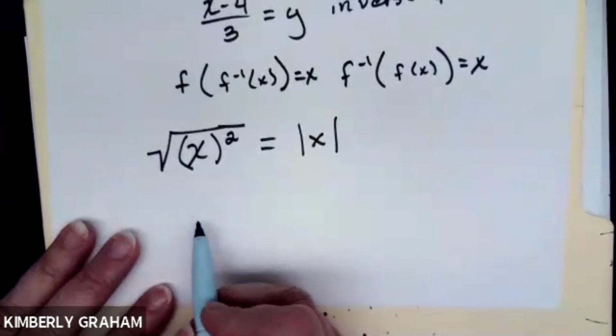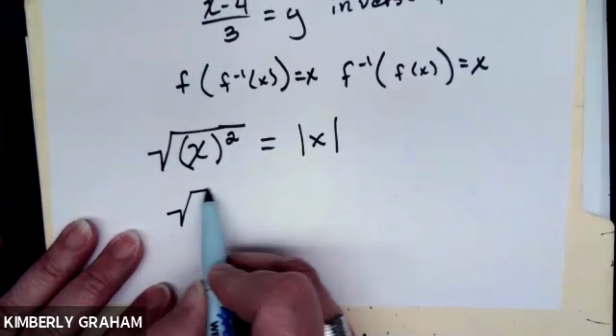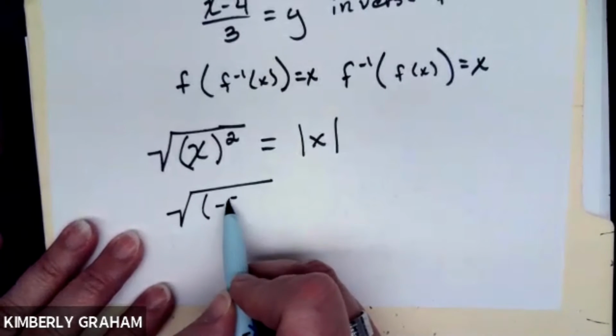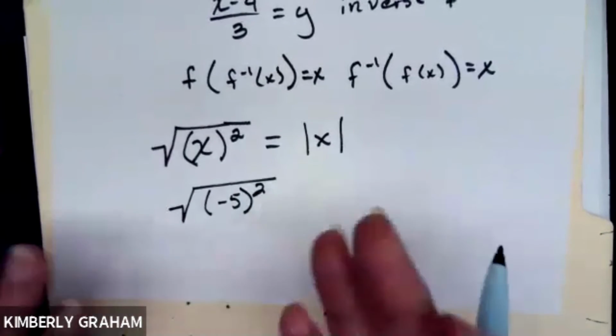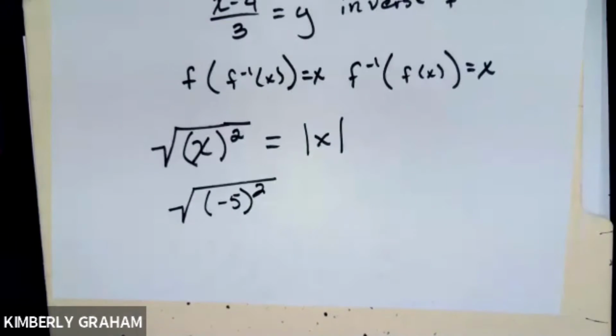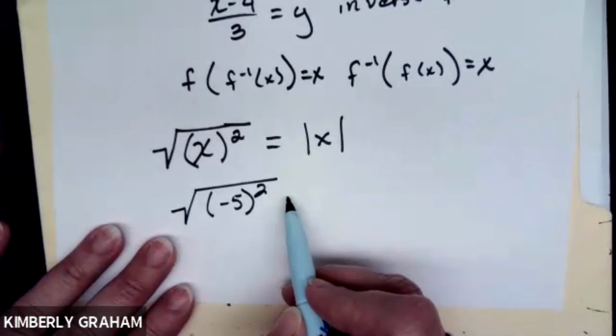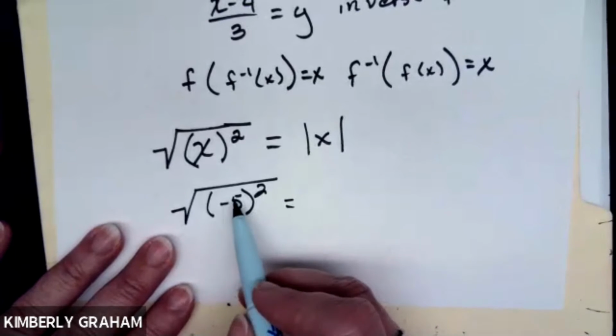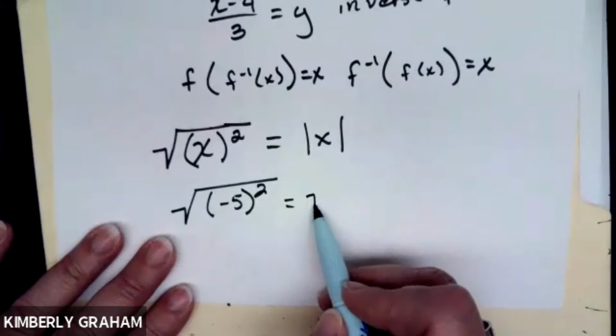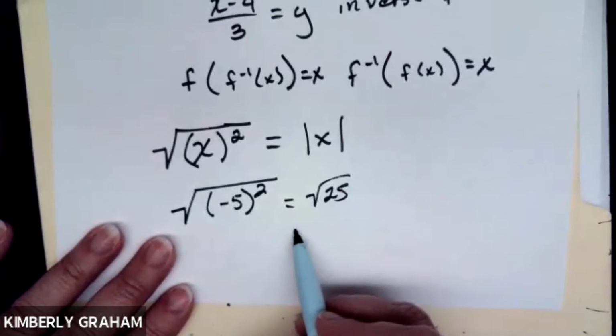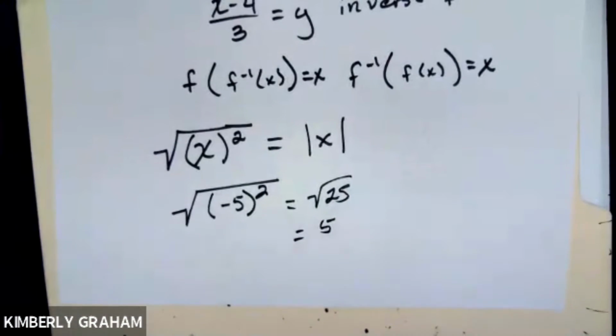And we can see an example of this. If I have -5 squared and then I take the square root, I cannot just cancel this out and say that the answer is -5. You have to follow your order of operations and have -5 squared is 25, and then the square root of 25 is 5, right? So inverses do not always just cancel each other out and give you what you started with unless you're in the right domain.